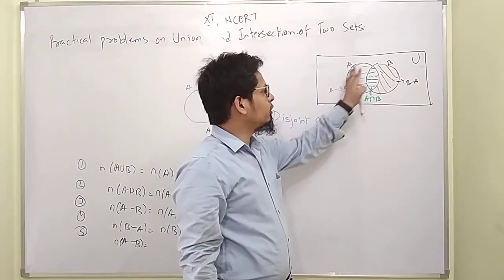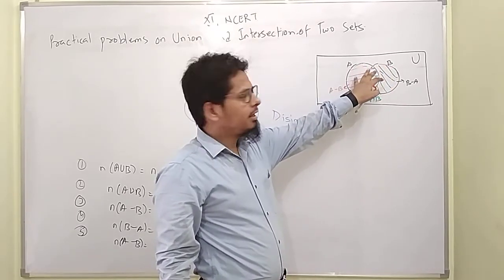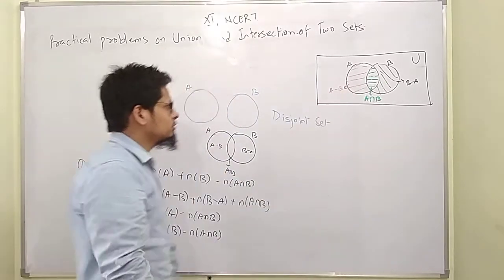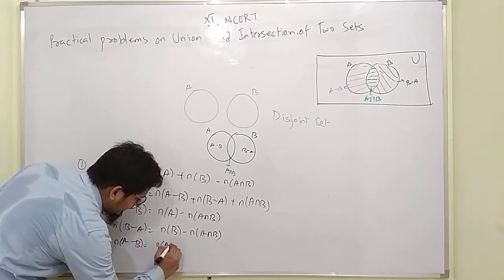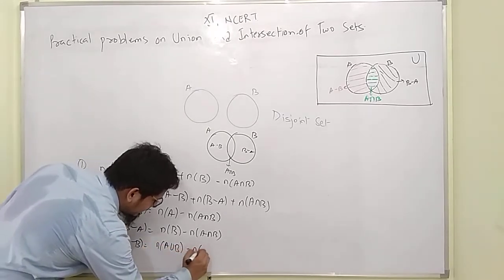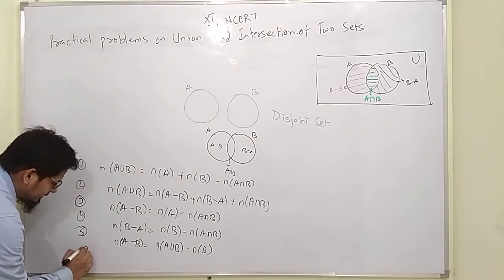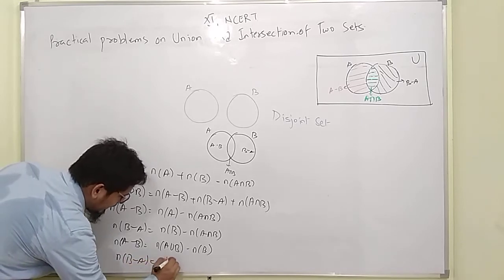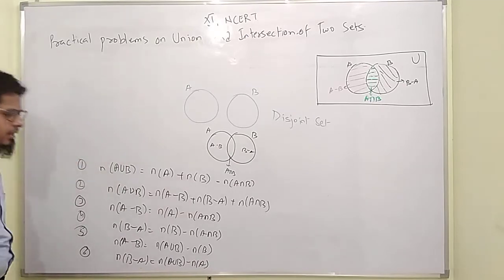If you subtract the green and black parts, then you will get only the red part, and the red part is equal to A minus B. So we can say n(A union B) minus n(B) is equal to n(A minus B). The sixth result: n(B minus A) is equal to n(A union B) minus n(A).